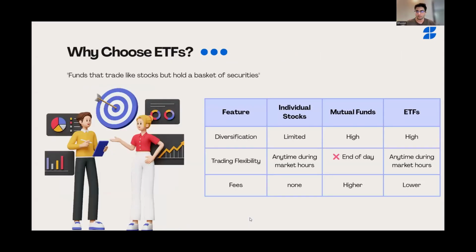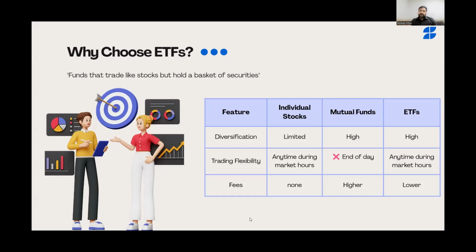Quick comparison: why does it matter to buy an ETF compared to a mutual fund? So let's look at that. ETFs and mutual funds both offer diversification on a high level compared to buying a single stock, right?